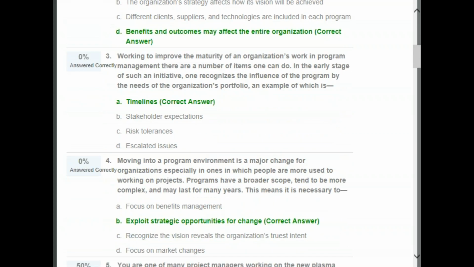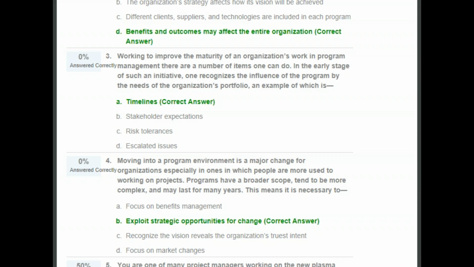Question number 3. Again, both of you have attempted it wrong. Correct answer was timelines. Working to improve the maturity of an organization's work in program management, there are a number of items one can do.